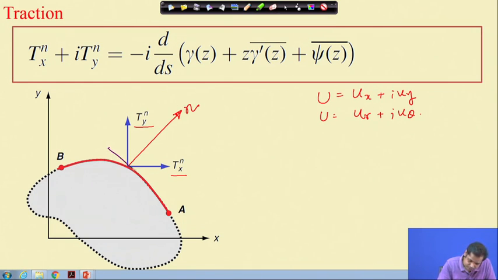So, it is essentially traction on a plane which is represented by this normal vector small n.